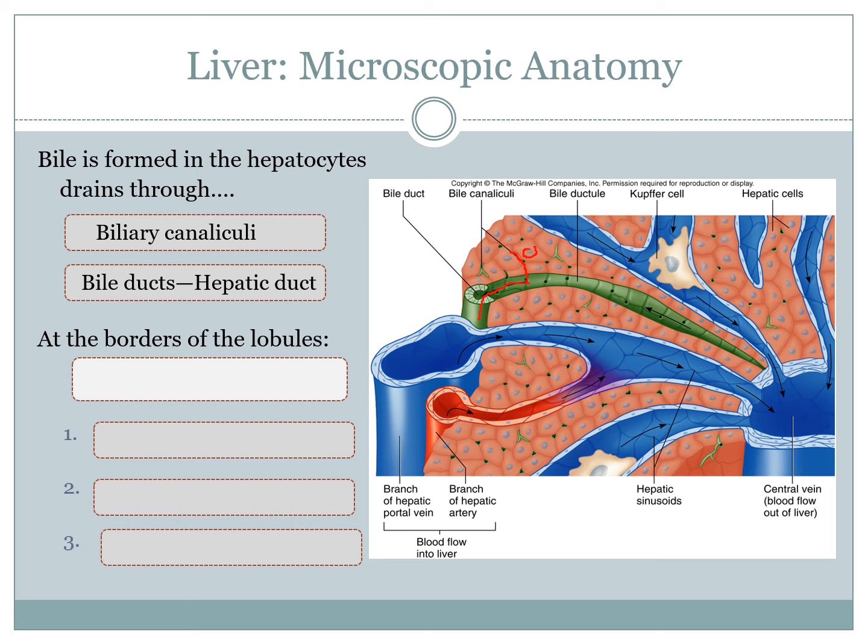Okay, so let's see, at the borders you have the hepatic triad. I was telling you about that. This is the hepatic triad right here, and you have a branch of the hepatic artery, and that brings oxygen into the system. It goes down the central vein.